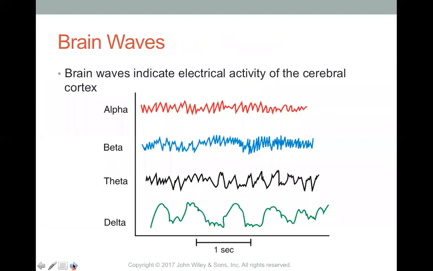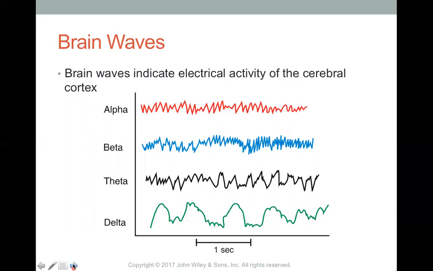And then the next thing we have are brain waves that indicate the electrical activity of the cerebral cortex. So we have four different types of brain waves. We have alpha, beta, theta, and delta. And so when we record these waves, we are recording electrical potentials generated by our brain cells, and so they are brain waves.